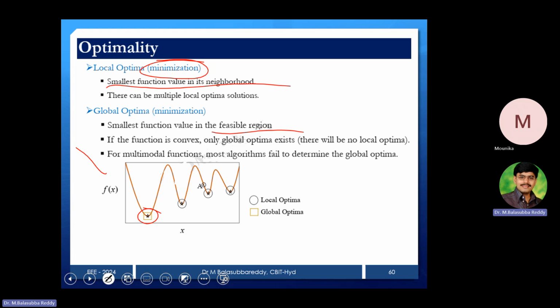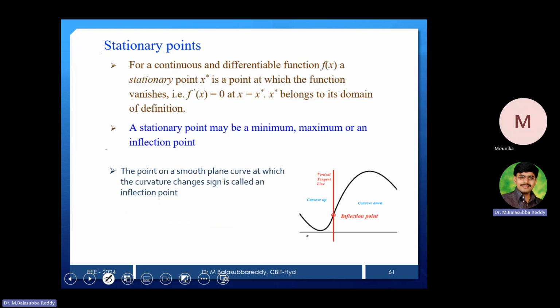Similarly, these are also minimum values, but they are local minima. But when we compare globally, this minimum is your final minimum, that we call the global optimum.